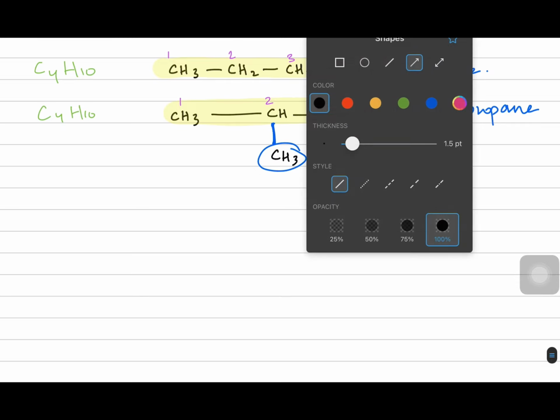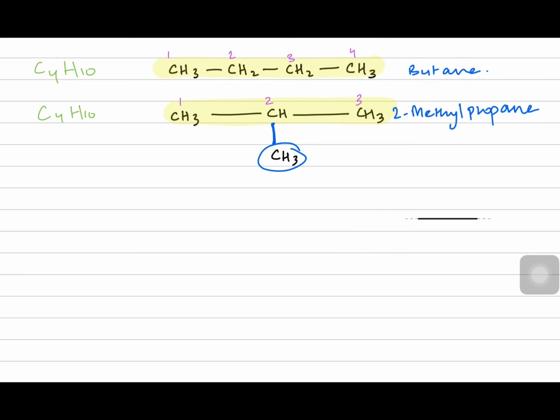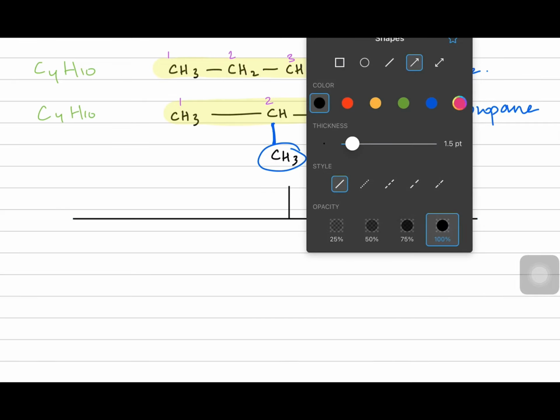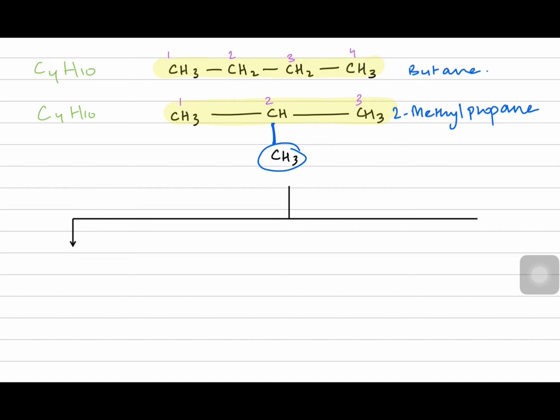Now let's start talking about the categories of the isomers. Let's make a flowchart that will help us understand. When you talk about the categories of isomers, there are 2 main categories. Number 1 is structural isomers, and the second are the stereoisomers.